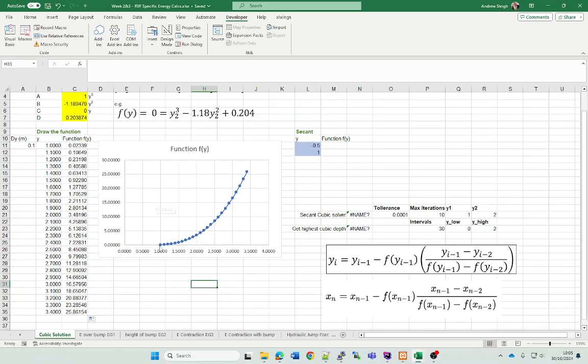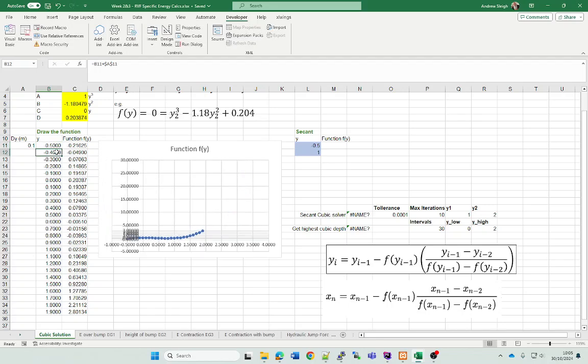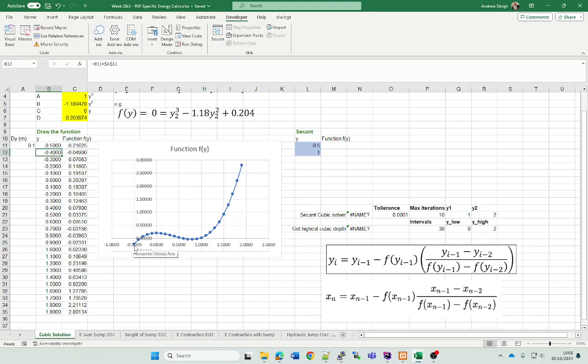Remember, what we're always looking for is where this crosses the x-axis. Well, it doesn't, so let's have a different start point. Let's have a minus 0.5. We know there's going to be a negative solution. Okay, so it goes from negative y, negative function value, to positive, and just crosses there as well.